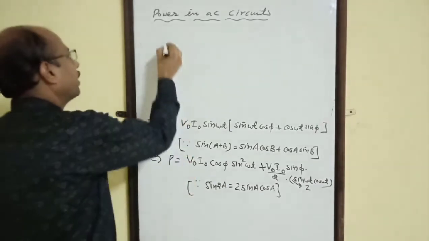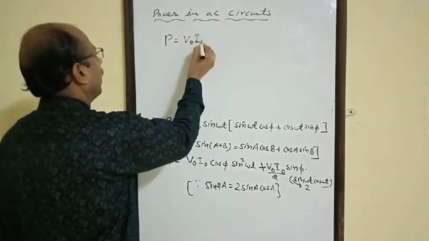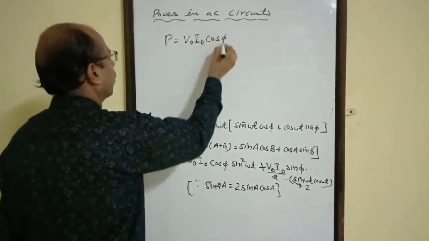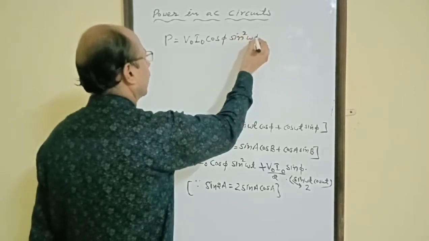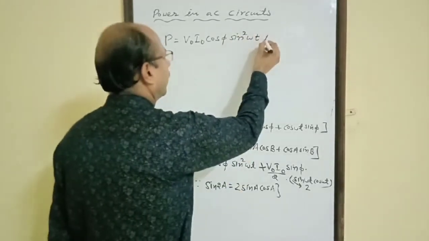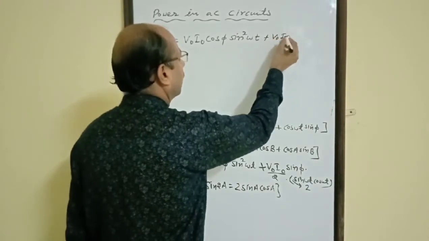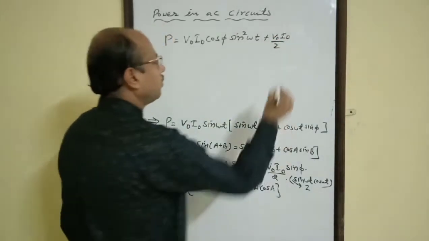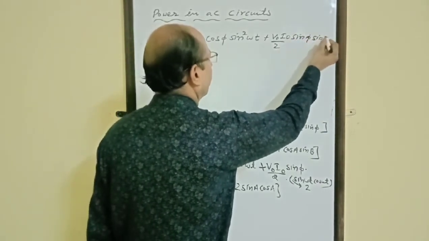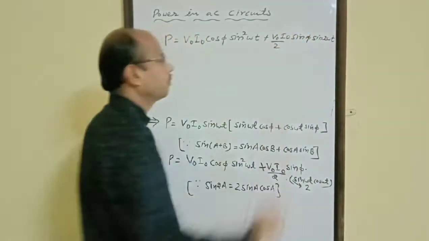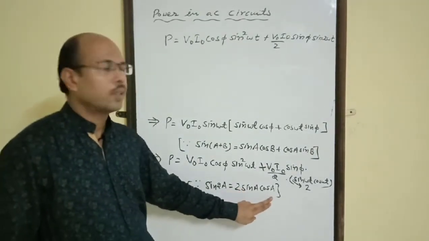Now it can be written as P equals V naught I naught cos phi sin square omega t, plus the second term, V naught I naught by 2 sin phi sin 2 omega t. This formula we have used, sin 2 theta equals 2 sin theta cos theta.